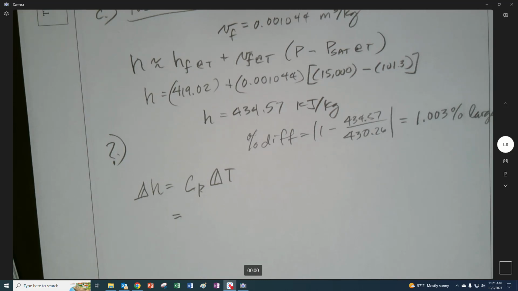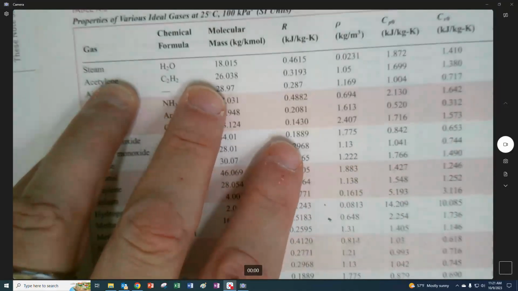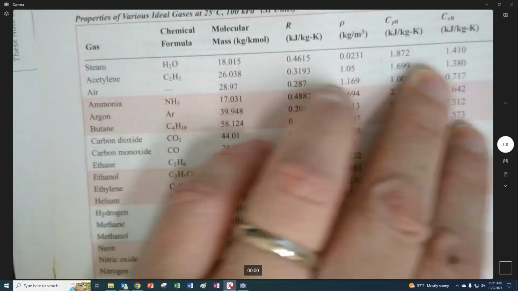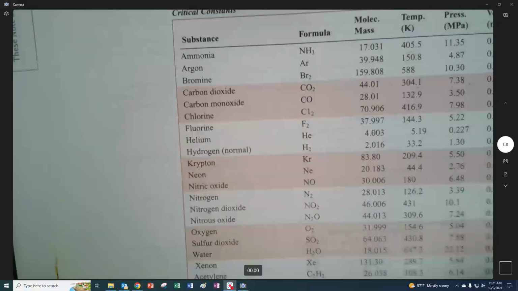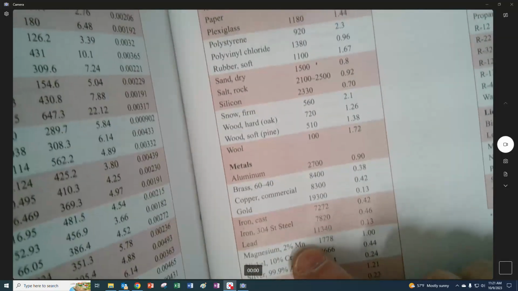So let me see. This would be in table A.0.5. We have steam, right? But we don't have steam right here, so we can't really use this. That's for steam. We need to use it for water. We need liquids, and water is a liquid.